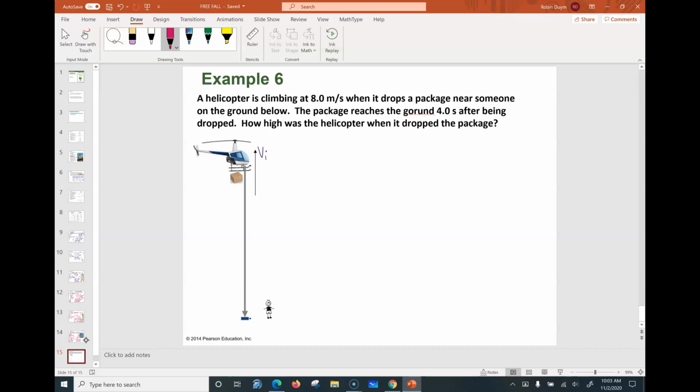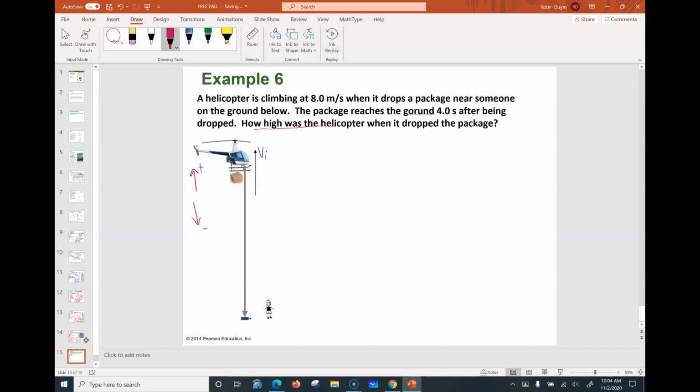So it's going to move downward. So this is really important to make sure that you go ahead and you write positive and negative here, just to keep track of everything, because we know that my final velocity is going to be negative, my displacement is going to be negative, and then they're asking how high was the helicopter.